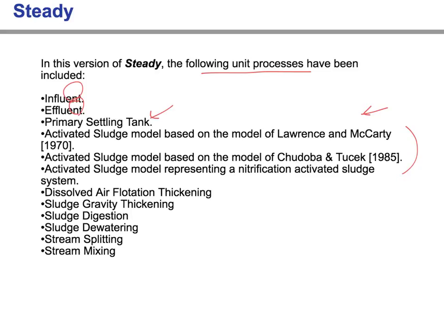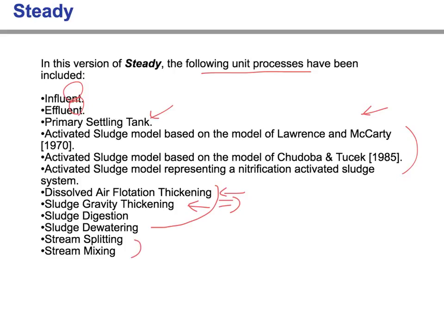And in addition to primary treatment and secondary treatment, there are some unit processes including the dissolved air flotation, sludge gravity thickening, sludge digestion, sludge dewatering. These are just for the sludge treatment.